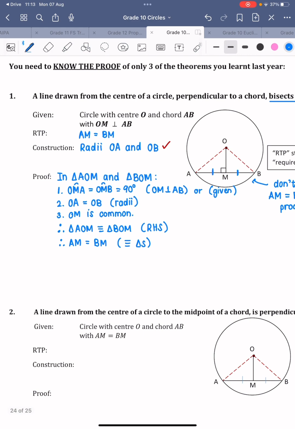So if they say, maybe if you have some space there, if they say, prove the theorem, and then they're going to tell you which theorem to prove. They'll write it out.